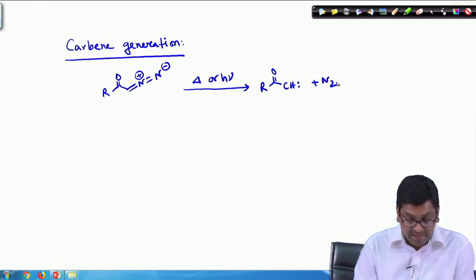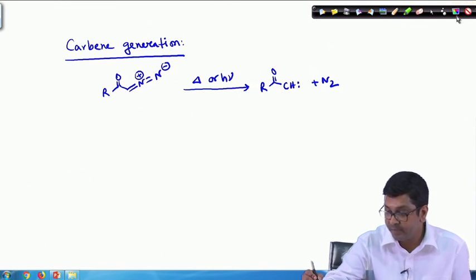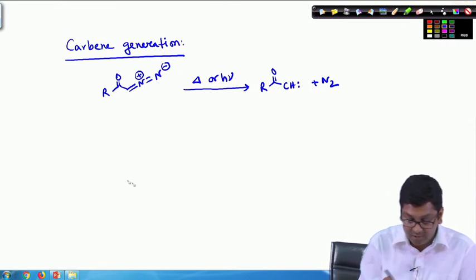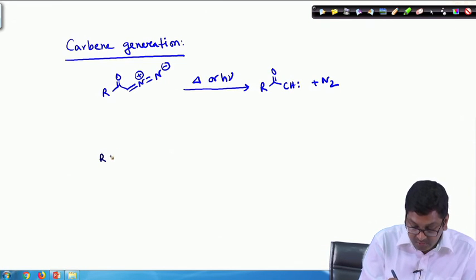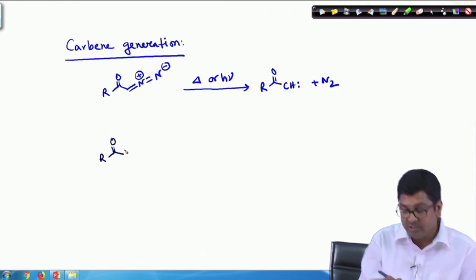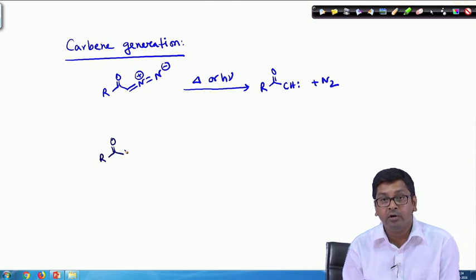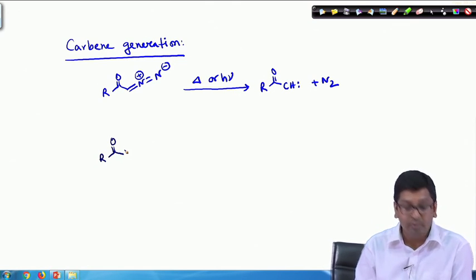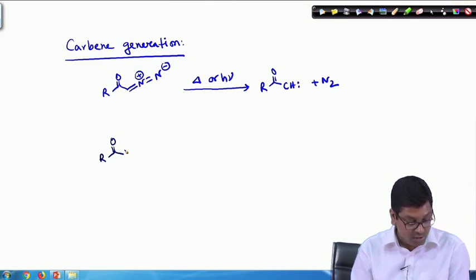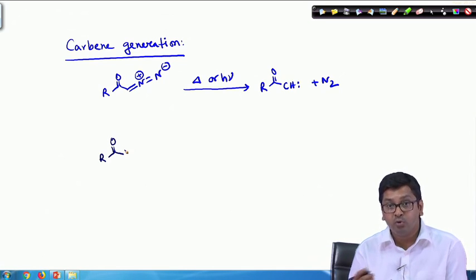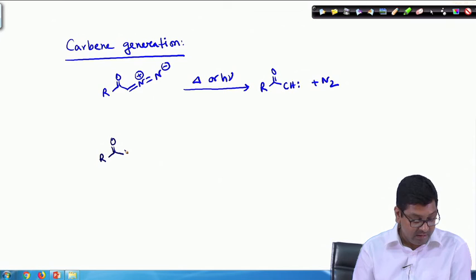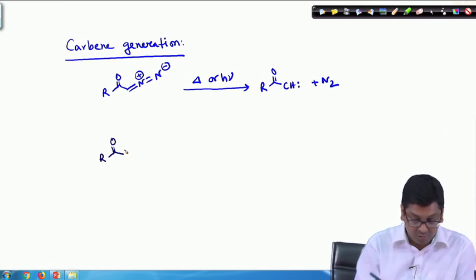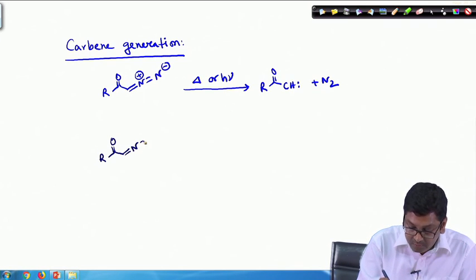Okay. In another example, it is a very important one, because in this case we will use, in place of heat or photochemical decomposition, the corresponding transition metal to generate the carbenes. So, let us see how it works.